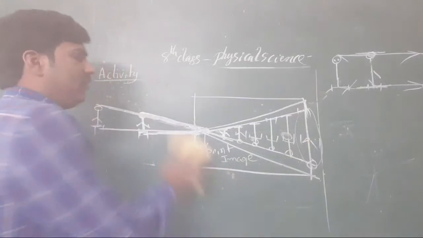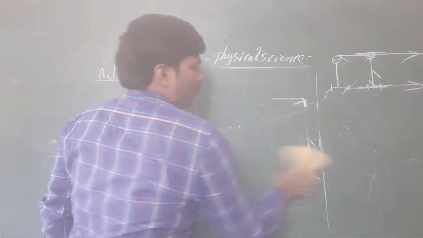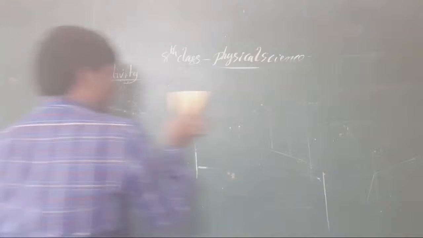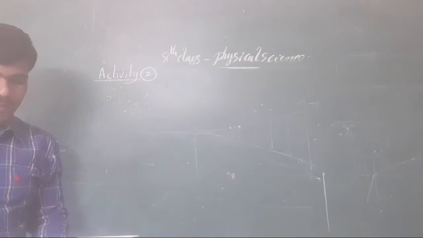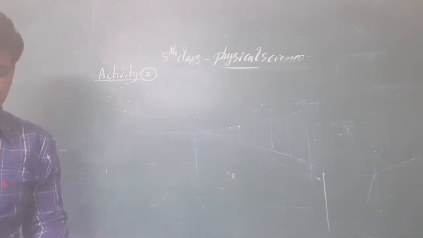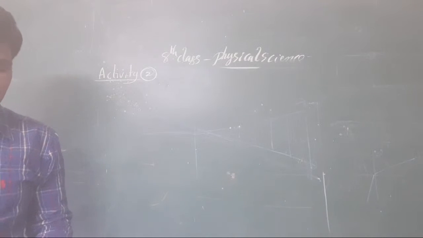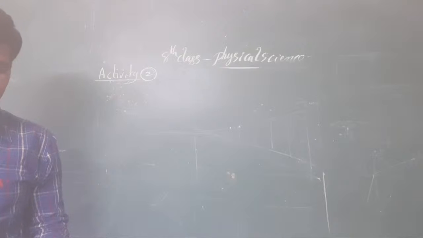Okay now, we are going to discuss the next, second activity. What is the second activity here? Activity 2 comes here. A smart crow is on a tree at a point A as shown in the figure.